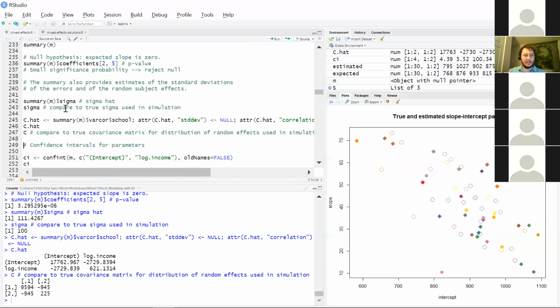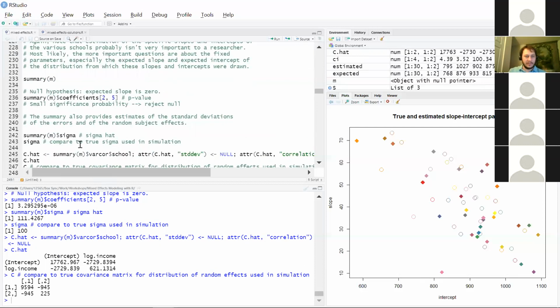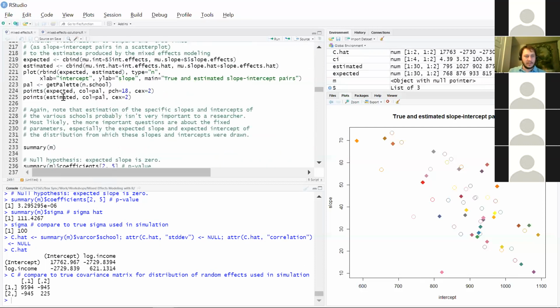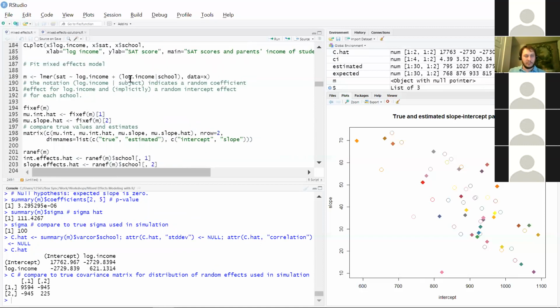It's automatic. It's not going to assume, in the simplest way of writing the model up above, that the coefficient of 1 and the coefficient of log income in the school random effects are uncorrelated with each other. And here is its estimate of their variances and their correlations, I should say covariance with each other.